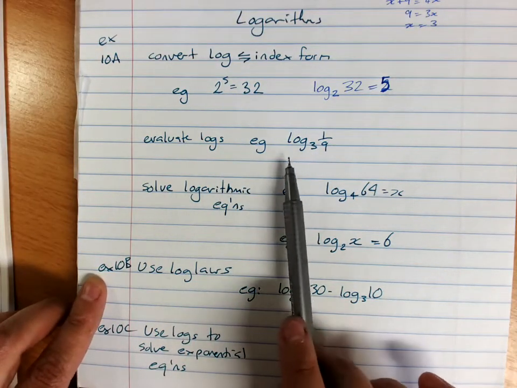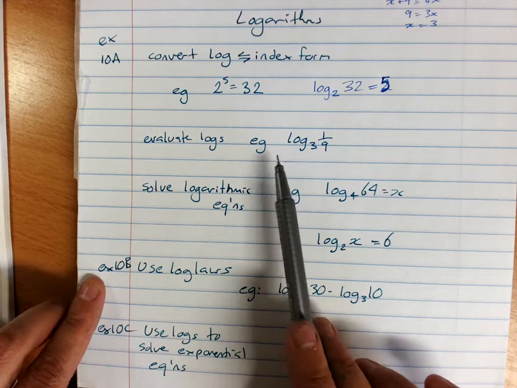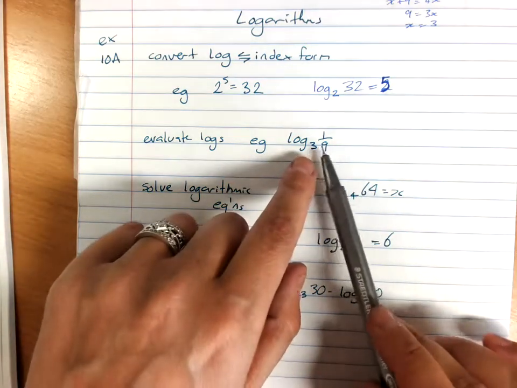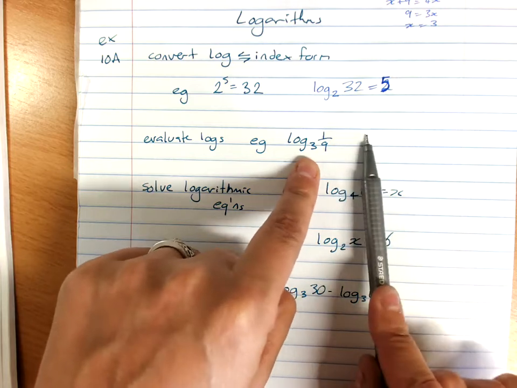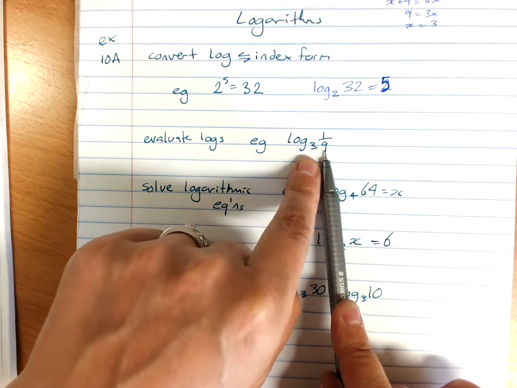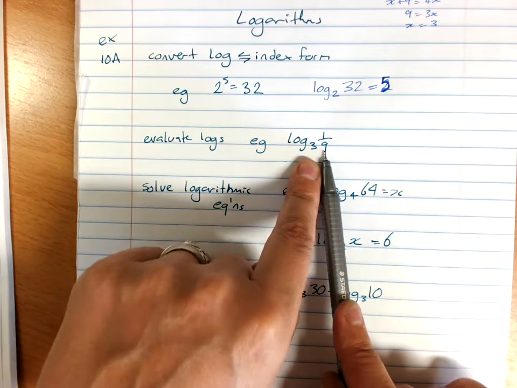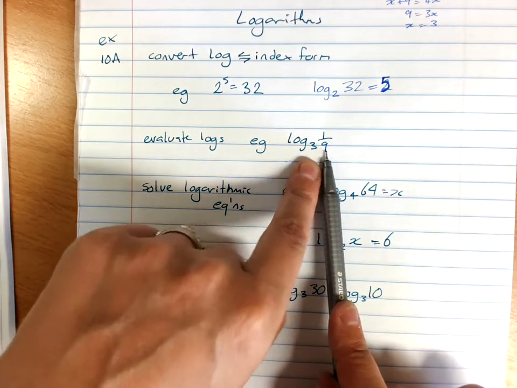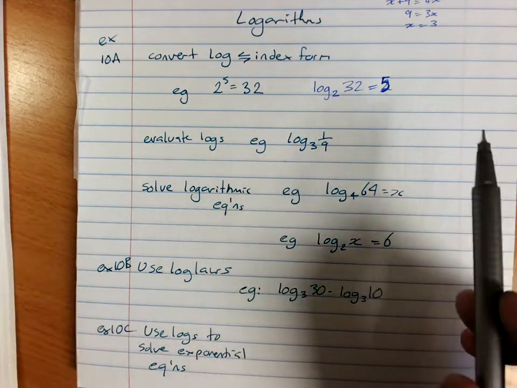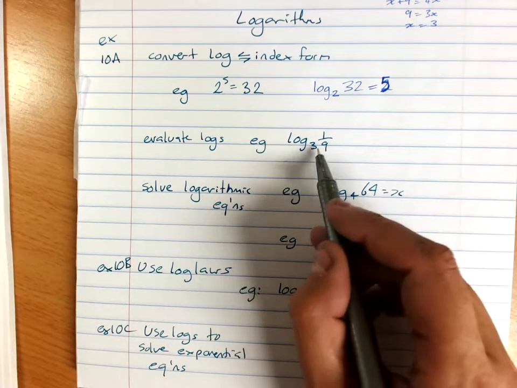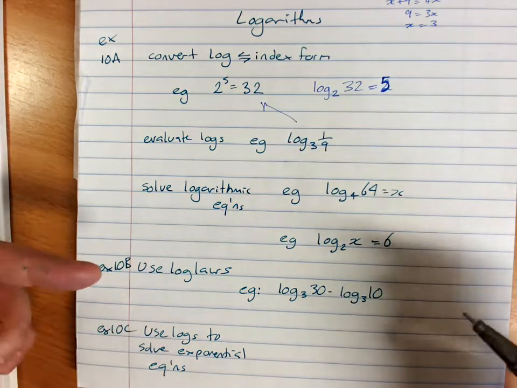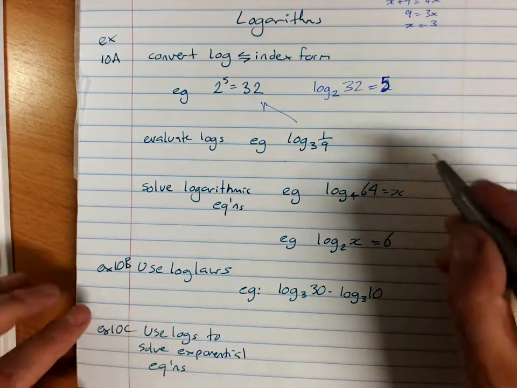Evaluate logs. You can just do that, if you want, as 3 to the power what equals 1 over 9. What would it be? Negative 2. If you couldn't do that because your brain was frozen, then change it to index form, and you've got an exponential equation.